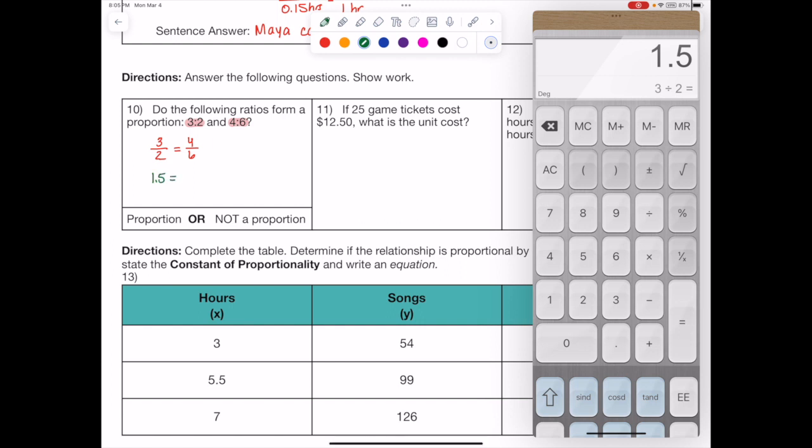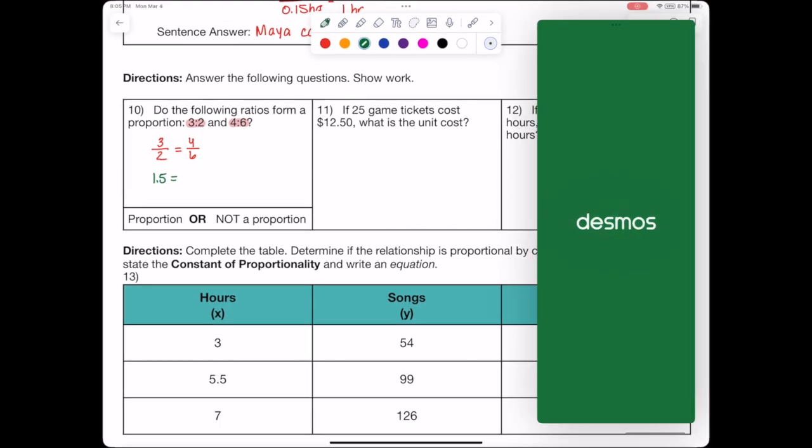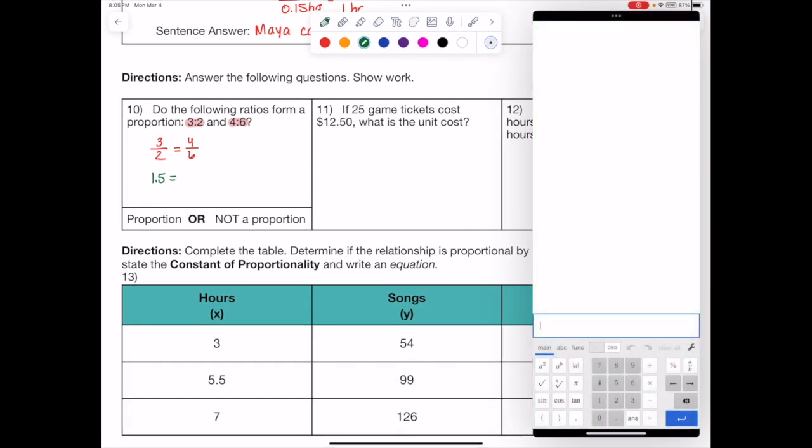And let's see if they're equal. 4 divided by 6 is 0.6 repeating, okay? And so if I bring up Desmos, it's probably best to be using Desmos for this kind of stuff, okay? So let's see. 4 divided by 6, you can see this is 2/3, okay?